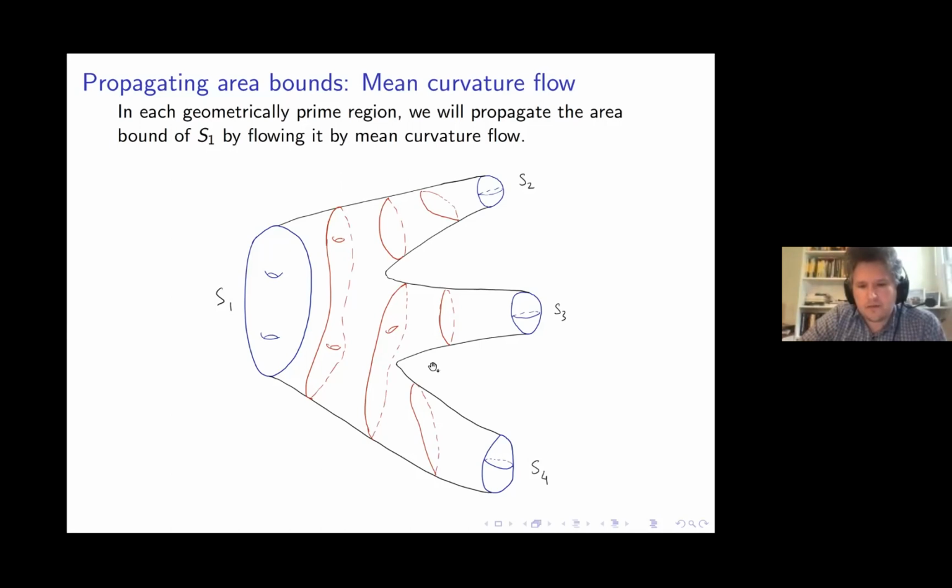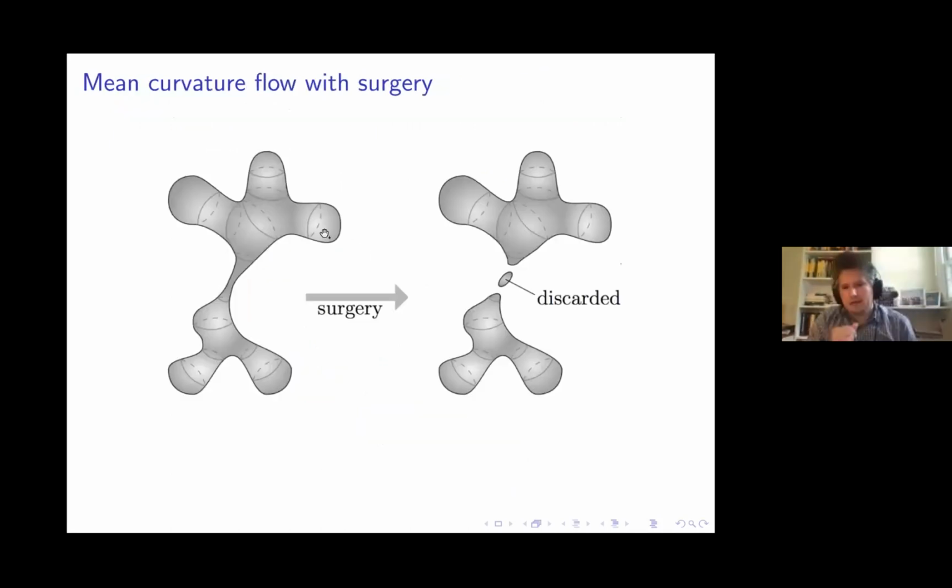And basically what happens in mean curvature flow with surgeries is that I start flowing my surfaces, and I set some parameters saying that whenever the curvature gets this large, I will look for the regions of high curvature, and then I'm going to cut the regions of high curvature and glue in things of smaller curvature so that I can reduce the maximum of the curvature of these surfaces, and then I will start the flow again.